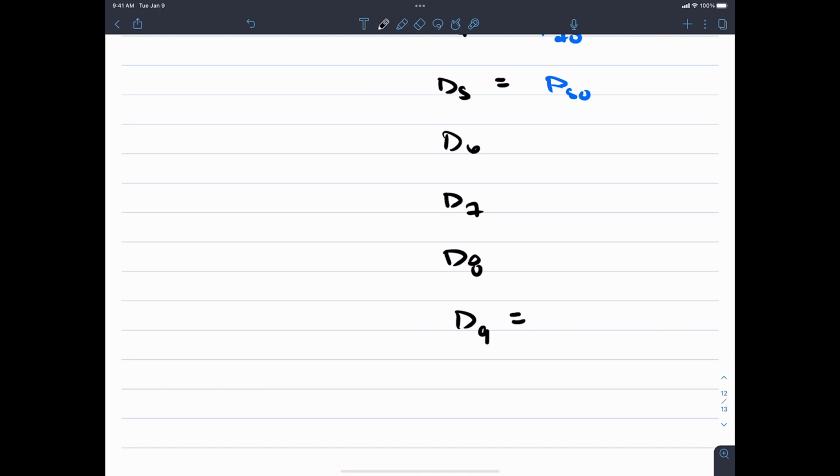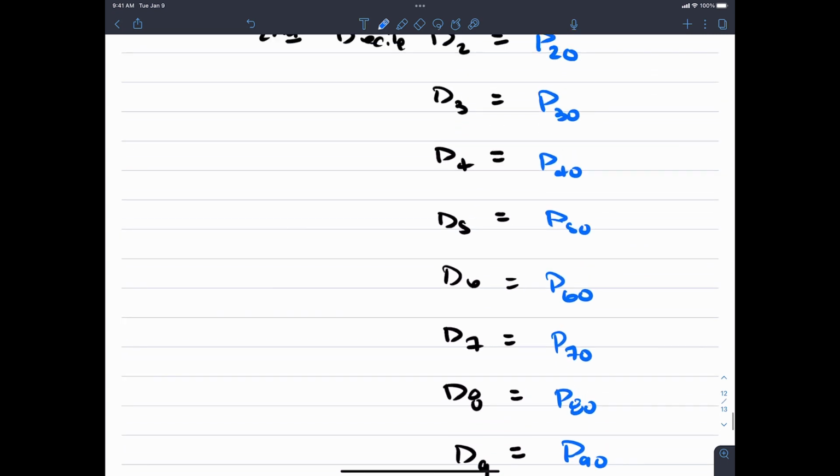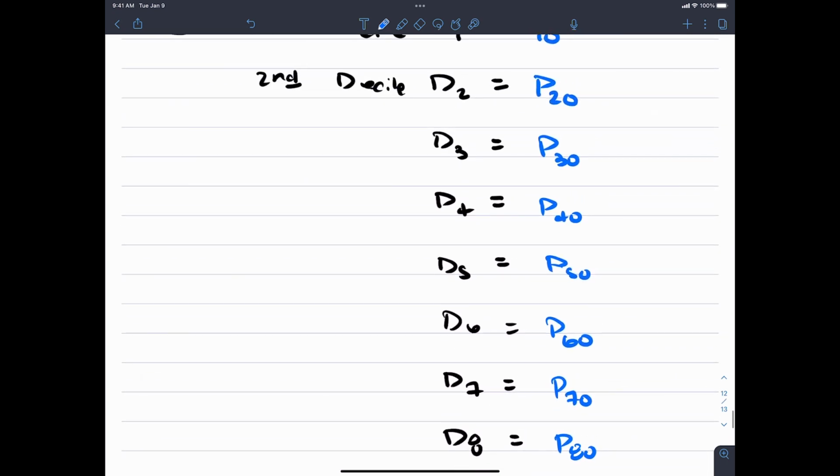There is no D10. But if you can find percentiles, then you can find what? Deciles. How many pennies are in 9 dimes? 90. Okay? So yesterday, we worked on everything on the right.